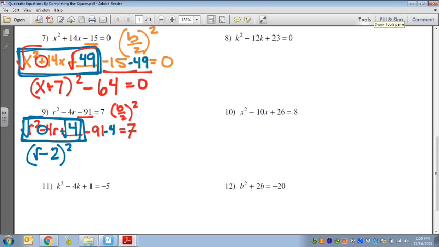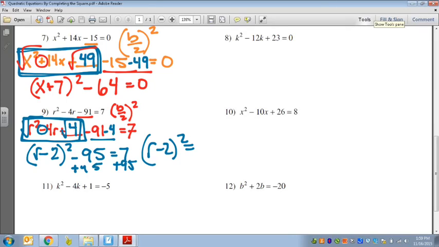Okay, and then negative 91 minus 4 is negative 95, and then equals 7. If you wanted to, you could move the 95 over or move the 7 over. I'm just going to add 95 because I like things positive. So that would give me x minus 2 squared equals 102.